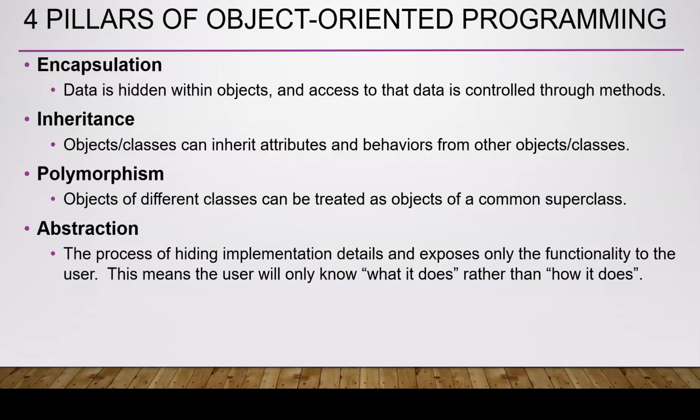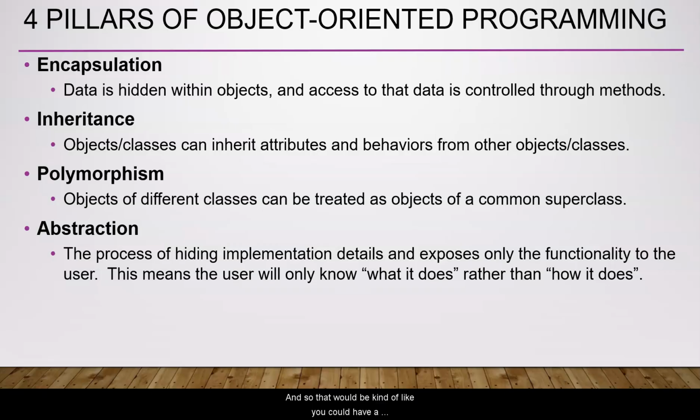Inheritance is that you take that one object and you could have children of it that slightly change stuff. In a future video, I'll go into more detail about inheritance and how all that works. Then polymorphism is that you could have one main superclass and have variations of that.